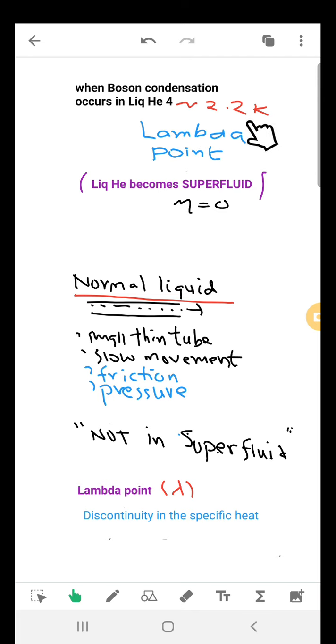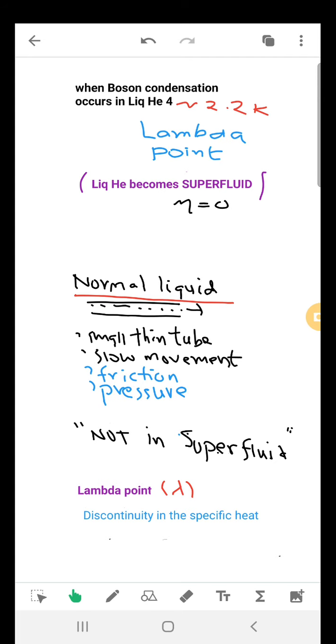In the case of helium, it is 2.2 kelvins. Now, a difference between a superfluid and a normal liquid is that when passing through a thin tube, for example, the normal fluid will pass slowly, and friction and pressure come into play.